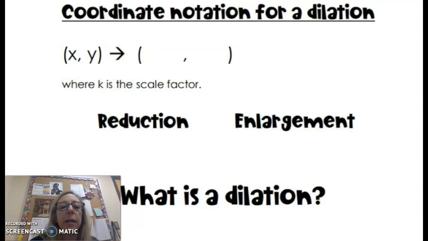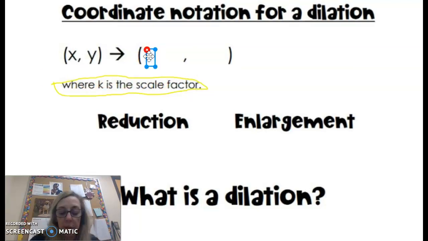All right, next page. This is our coordinate notation for a dilation. We always like to tell what happens to our x coordinate and our y coordinate. K is going to be the letter that represents the scale factor, and that says that right here. So go ahead and just circle this so we know that the letter K always represents the scale factor.